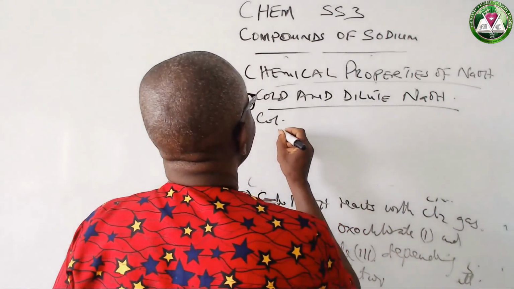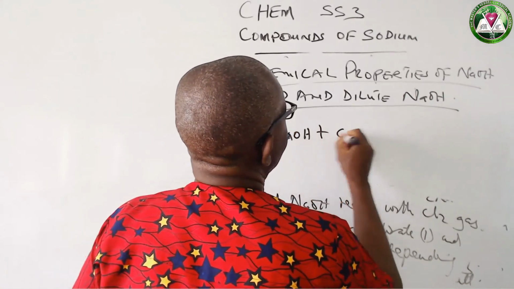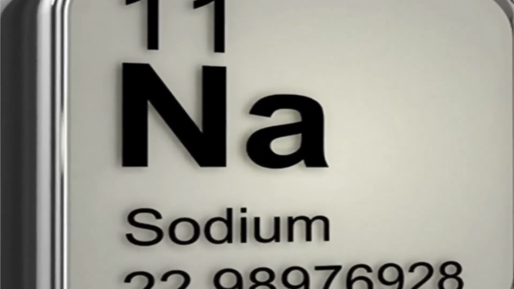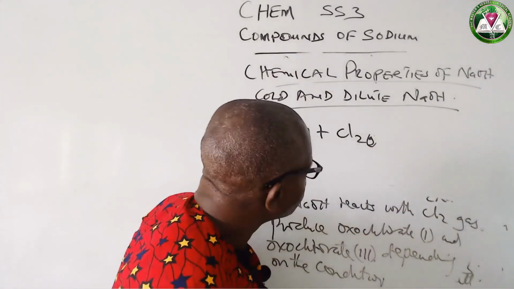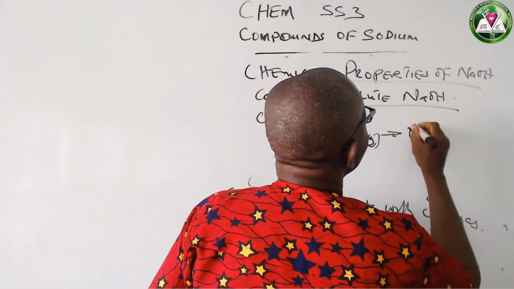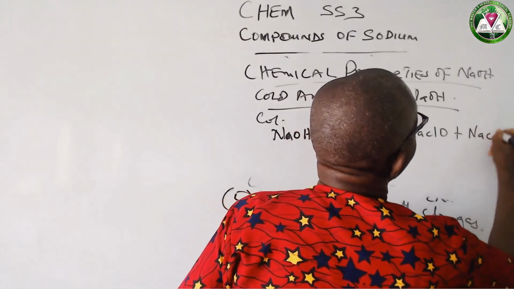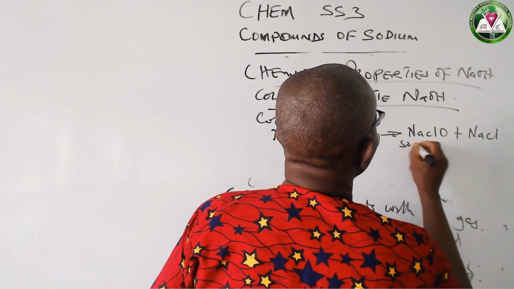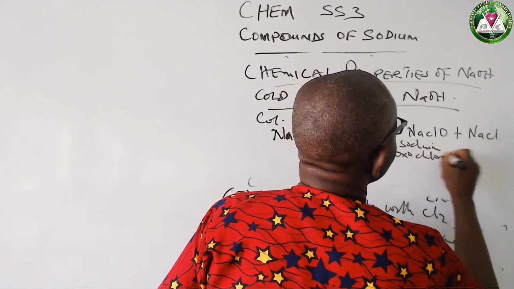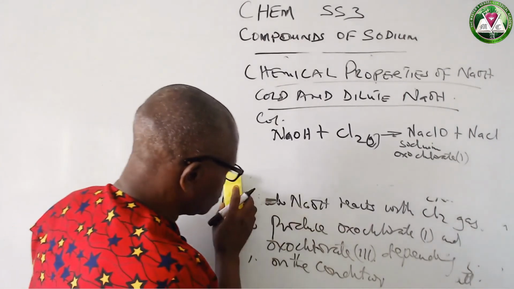Therefore, you have NaOH reacting with chlorine gas to give you this sodium oxochlorate(I). You know sodium chloride. This is when it is cold.